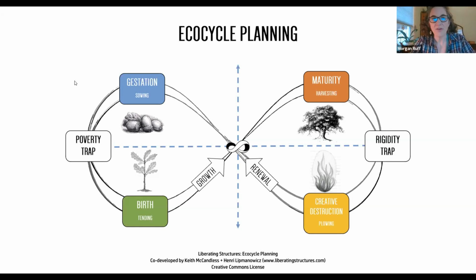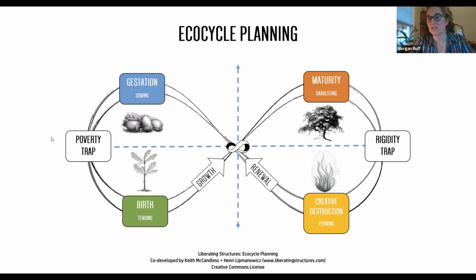So there's a couple other key points here. Over here on the left-hand side of the model is the poverty trap. We can't move along the cycle if we don't give adequate resources to birth the thing that we're tending. This is to get from the north to the east.